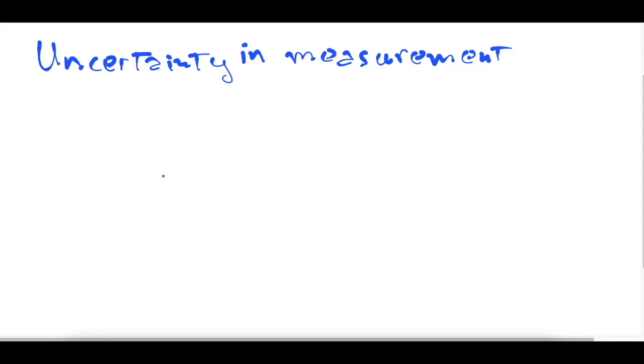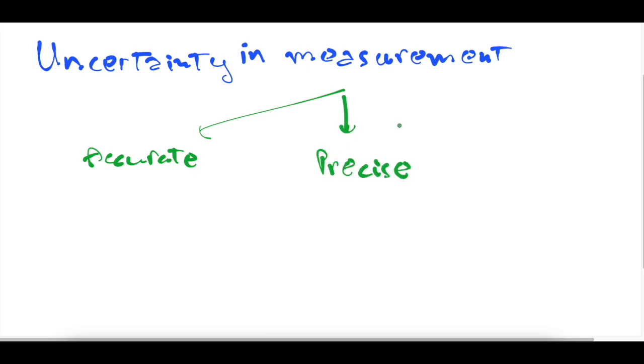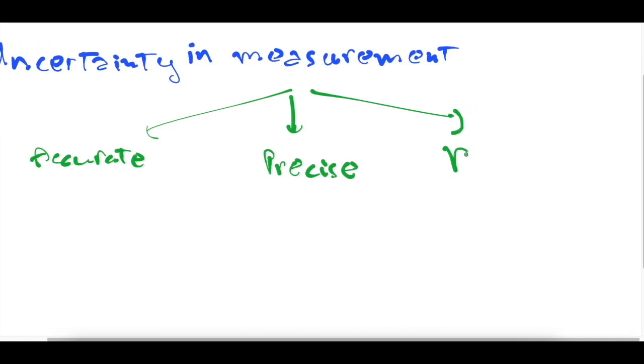In this video, we are going to talk about uncertainty in measurements. A measurement can be accurate, precise, or both.